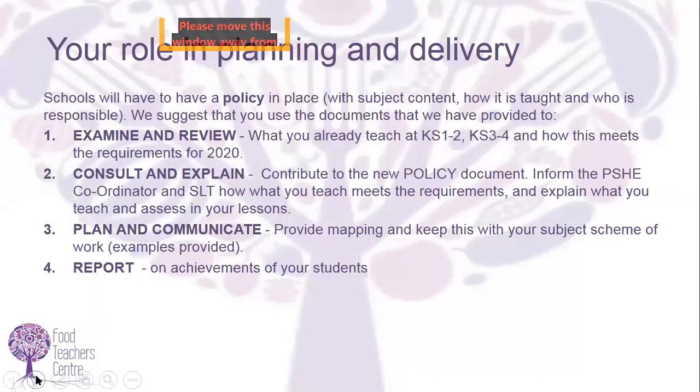And then the final part would be about reporting, because as well as building it, and it's maybe already built into your teaching, and providing particular content in your mapping that meets these requirements, it's also important that we formally report on what the students are able to do, the achievement of those students. So again, it might be that you need to have a look at some of the assessment that you're using.